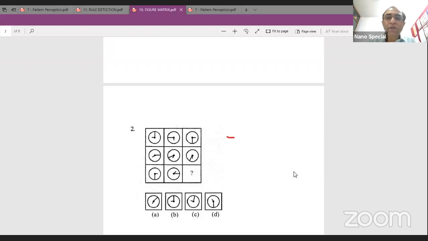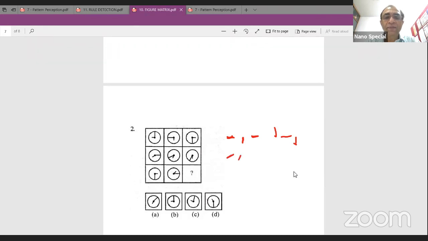Let's look at the first one. Our hand was like this. Then it was like this. Then it was like this. The minute hand was like this first. Then it became like this. And it became like this. All right. Redmi has joined very late in the day. All right. The hour hand is like this.